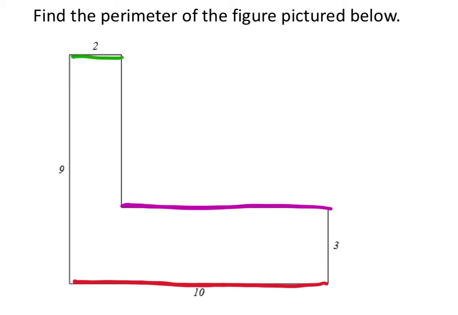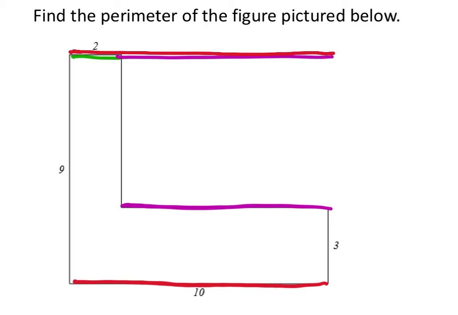Like if I took that purple length and moved it up here, what we should be able to see is that it actually matches the red line right here, okay? So the red line really is the purple and green line put together.